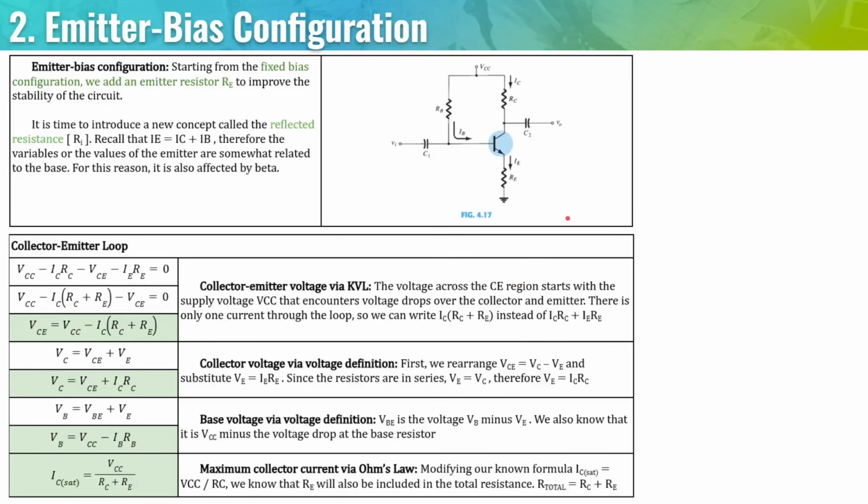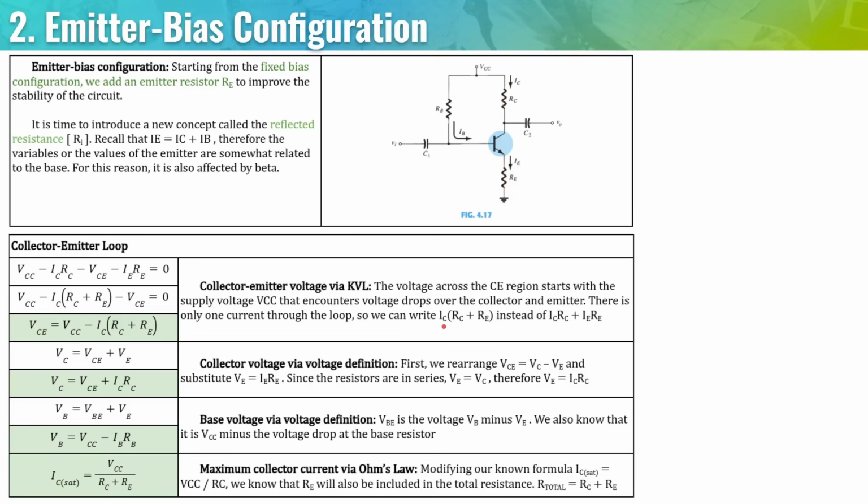Here is another set of formulas. VCE is equal to VCC minus IC times RC plus RE. If you notice, earlier it was just ICRC, and now it is RC plus RE. The reason is that this is the path: VCC minus ICRC minus IERE.